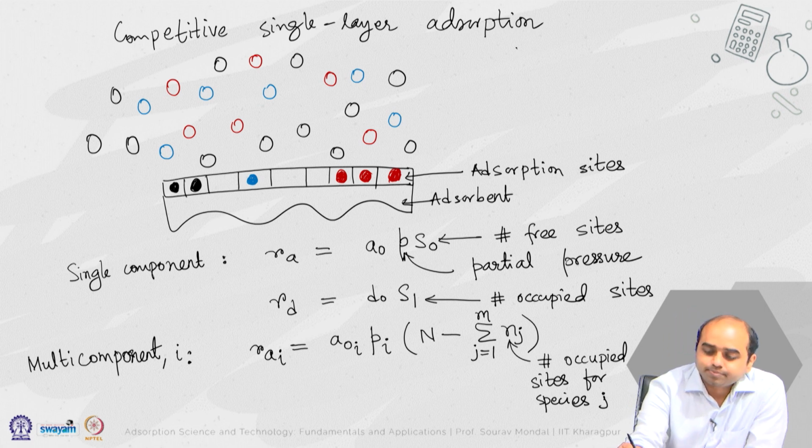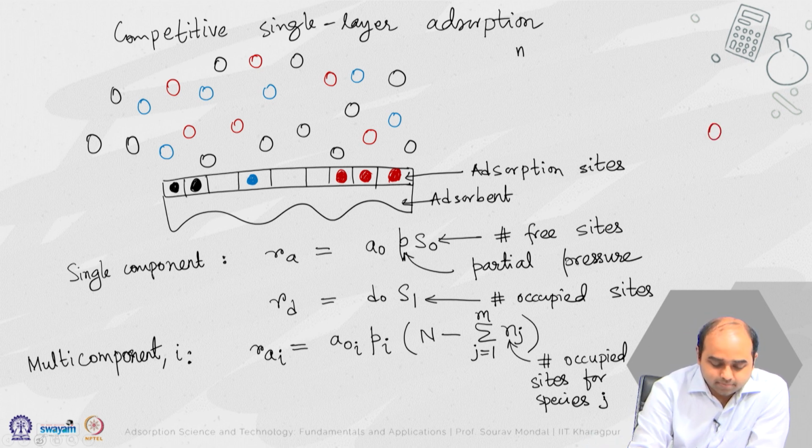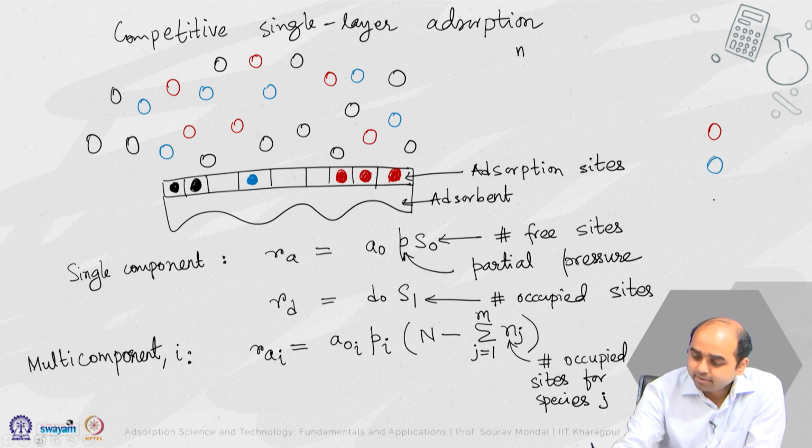Let us say I define the red color as 1, the blue color as 2, and the black color as 3.